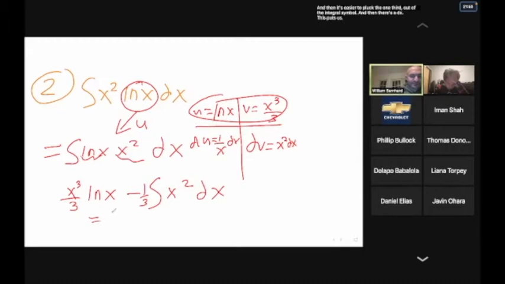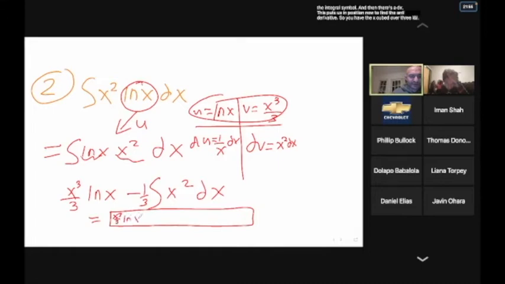This puts us in position now to find the antiderivative. So you have the x cubed over 3 ln x. And then here you have an antiderivative x cubed over 3, but you're multiplying by 1/3, so you have x cubed over 9. And then you have your plus c right here.